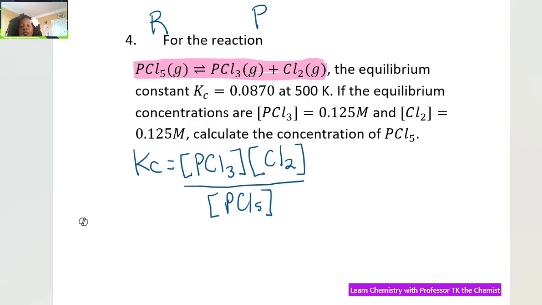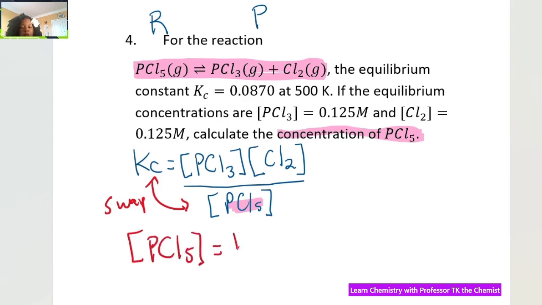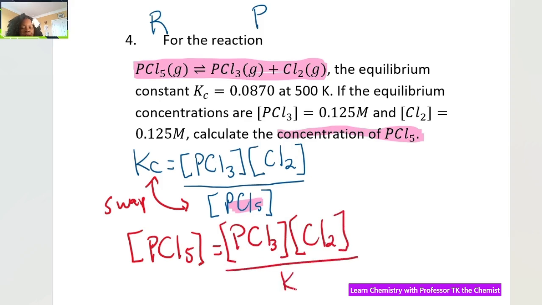Now, they're wanting us to look for the concentration of PCl5, so basically this bottom number right here. So we're going to swap these two. That means I'm going to rewrite my formula: PCl5 equals PCl3 times Cl2 divided by Kc.